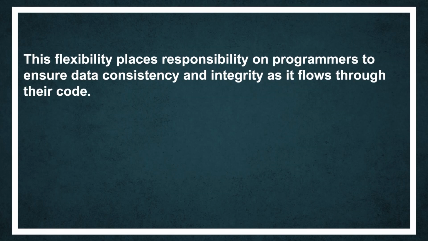This is all something we already knew: the moment I write 1.5, it will already take it as a float. Okay, we have a decimal in it, let's take it as a float. Python does this. This flexibility places responsibility on programmers to ensure data consistency and integrity as it flows through their code.